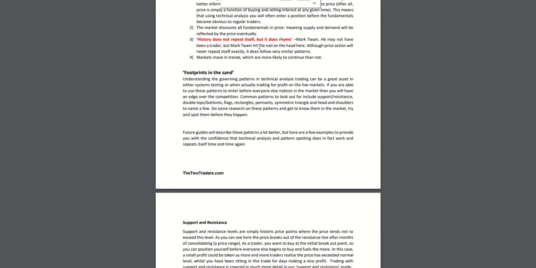But some of those levels it will repeat off. Not all of them, but some. Fourth, which is probably the most important point here: markets move in trends, and they're more likely to continue than not. If we're looking for reversals, then we need to look for something in that reversal rather than guessing, and you're going to learn all about that throughout this course.